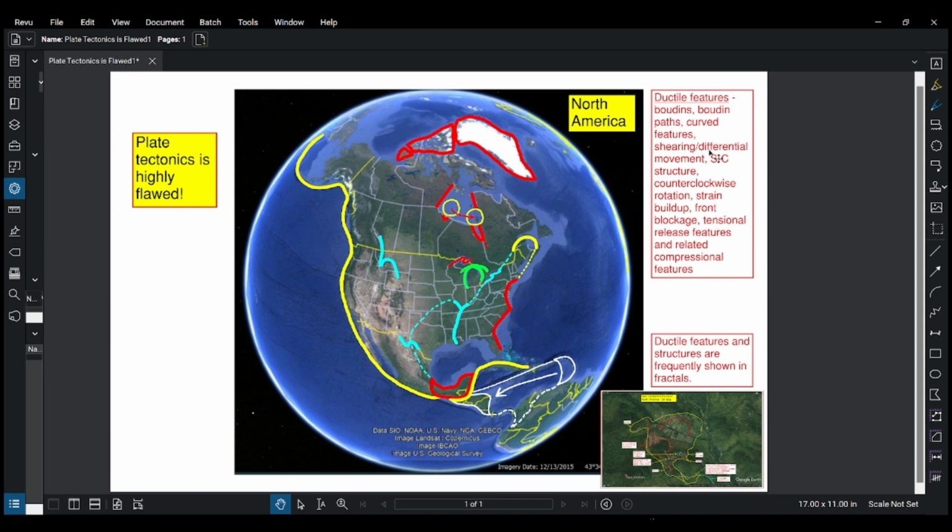So shearing, differential movement, I talked about that. SC structure, talked about that. Counterclockwise rotation, the whole system's moving that way. Strain buildup, I talked about that. Front blockage, temporary at least, talked about that. Tensional release features and related compressional features, I talked about that. And that should cover everything.